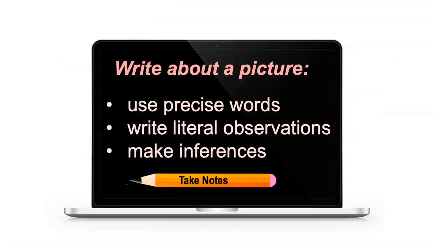Remember to use precise words to write both literal observations and inferences. You will need to explain the camera angle, the main subjects, the colors, the lighting, and everything that you see in detail. Be specific when you describe pictures.